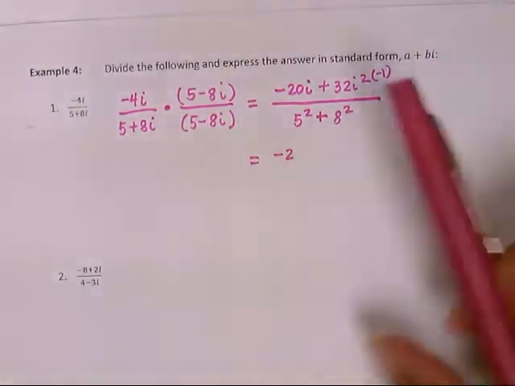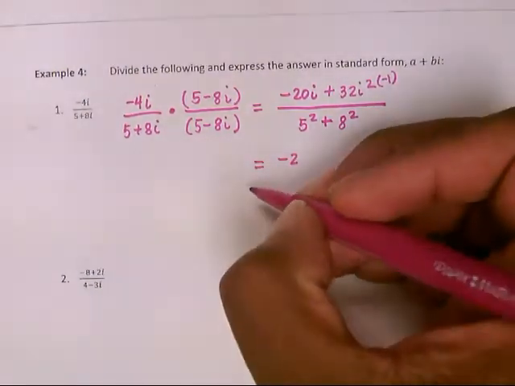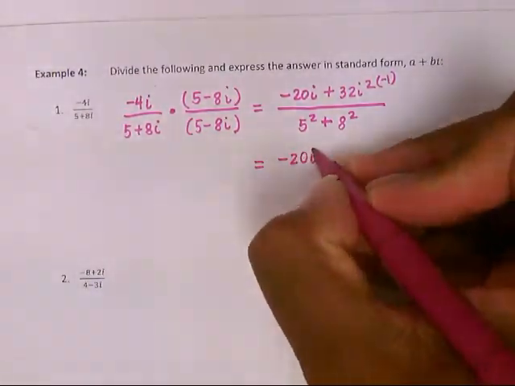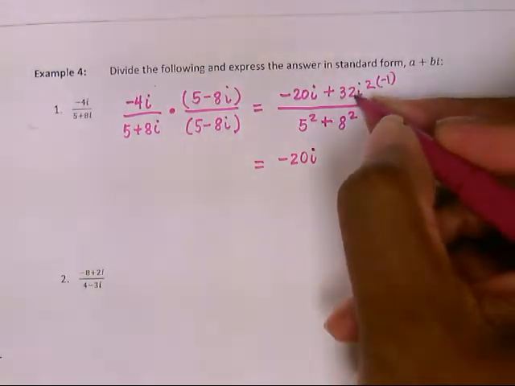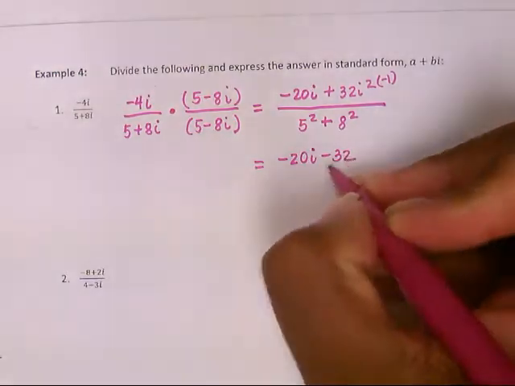So I'm going to have negative... Sorry about that. So here we got negative 20i. And then that negative 1 will make that plus 32 a minus 32.